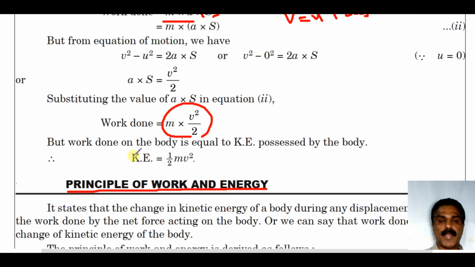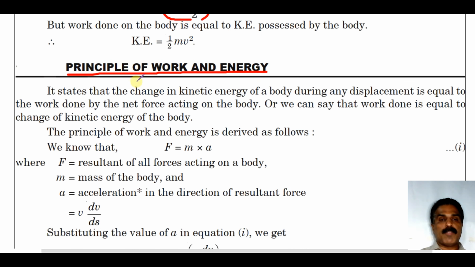And the kinetic energy of that body, which is starting from rest and moving with v meter per second after t seconds of motion, at that position is half mv square.